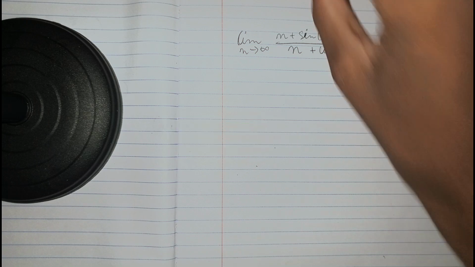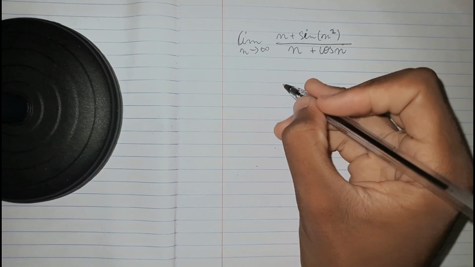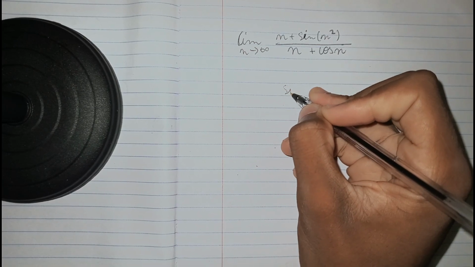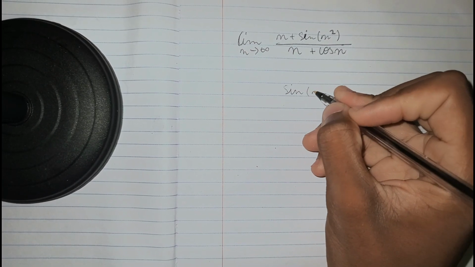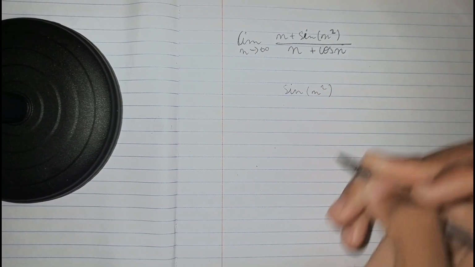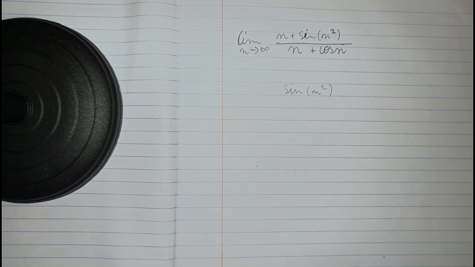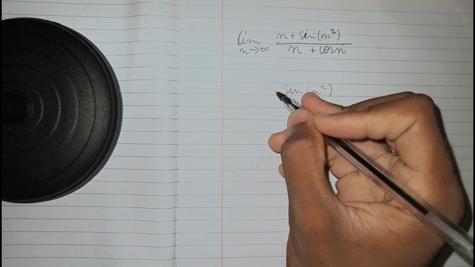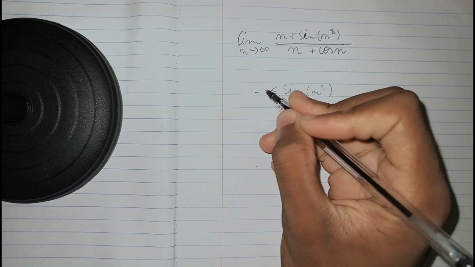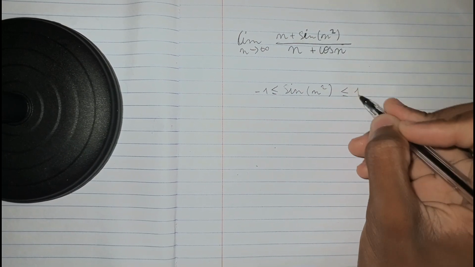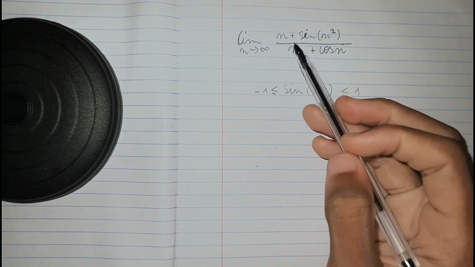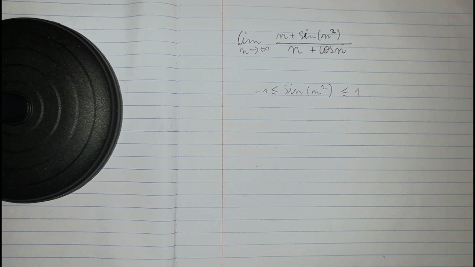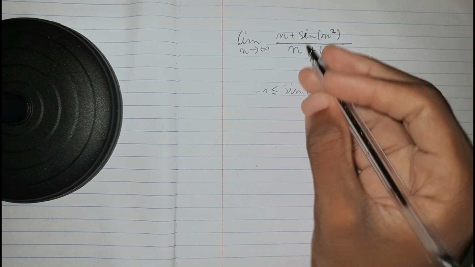So first of all, we know that this function sine, sine of n square, is between this interval -1 and 1. So what we have here in the numerator, we have n.